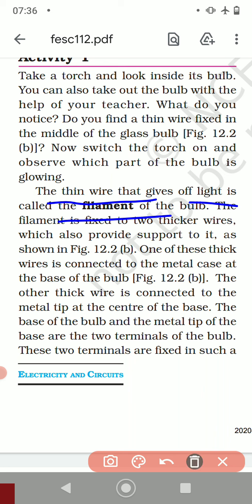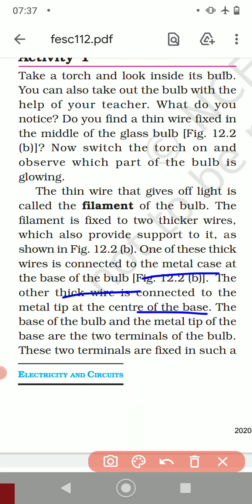Okay. Now the filament is fixed to two thicker wires which also provide support to it. As shown in the figure I showed you, there are two wires. One of these thick wires is connected to the metal case at the base of the bulb, and another one is connected to the metal tip at the center of the base.